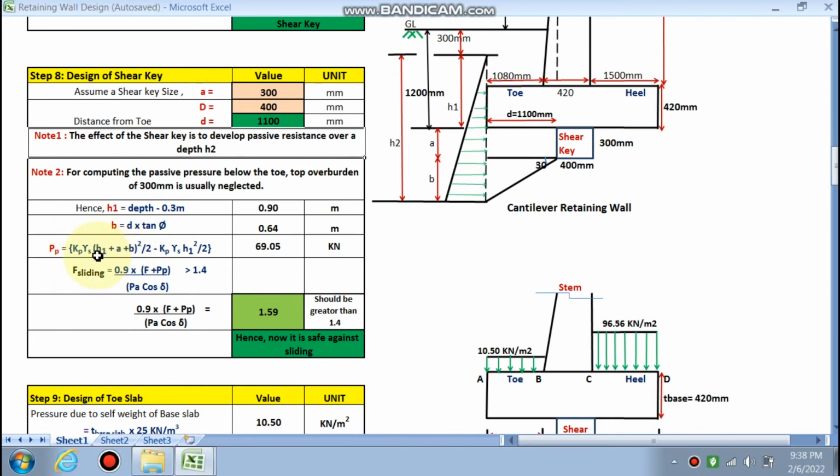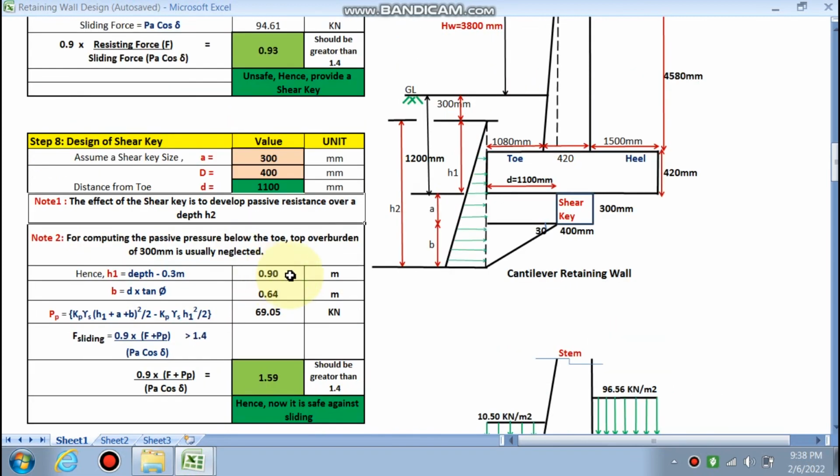Now we are calculating the passive earth pressure, PP. This is the formula: Kp into gamma s into (H1 plus A plus B) whole square by 2, minus Kp gamma s H1 square by 2. H1 plus A plus B is the height for the passive earth pressure, right? The second term has already been taken, so we are subtracting it. Finally PP has come to 69.05.